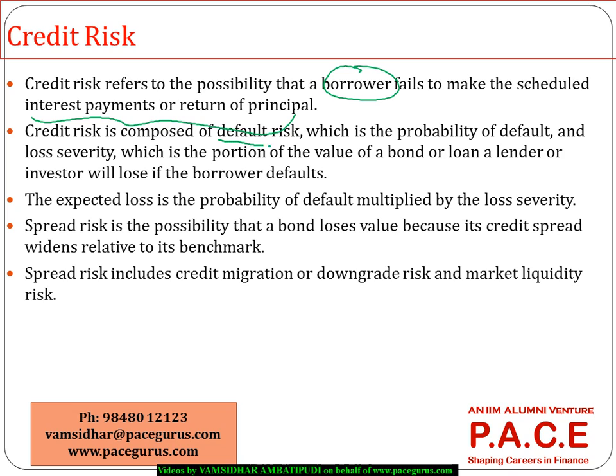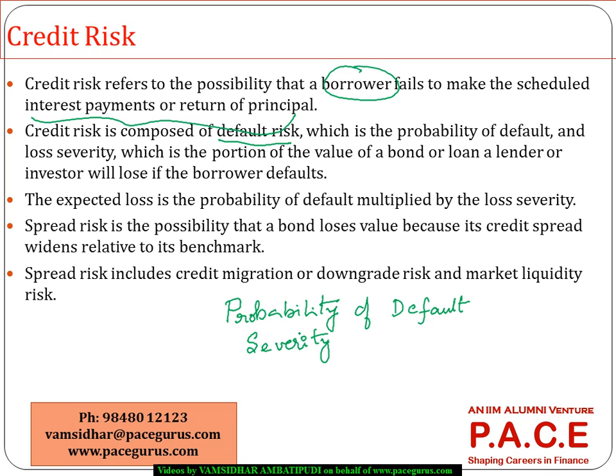So that is where we are looking at default risk. In any default risk, there are two major aspects. One is the probability of default. For any party we are talking about, we are looking at the probability of default: what is the chance that the party will default on the payment, and what is the severity of the loss in case the party defaults?